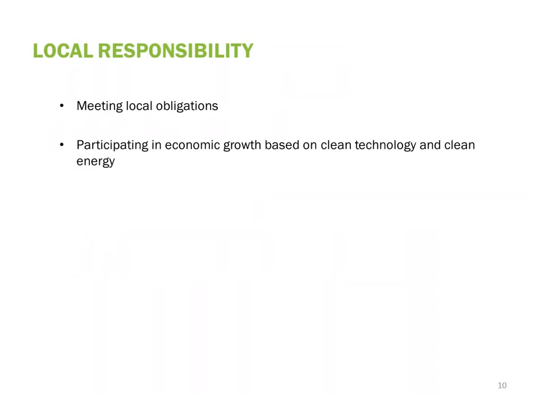Now, there are several reasons for local governments to take leadership and establish a policy framework with goals to achieve a sustainable future. Among these are meeting local obligations. Each city establishes its own sustainability plan to ensure that the community is doing its part to reduce emissions. Participating in economic growth based on clean technology and clean energy.